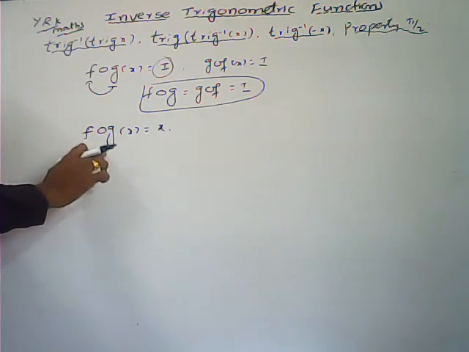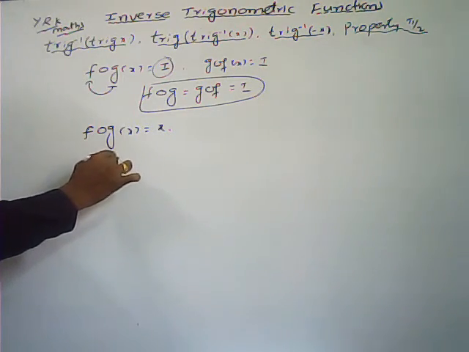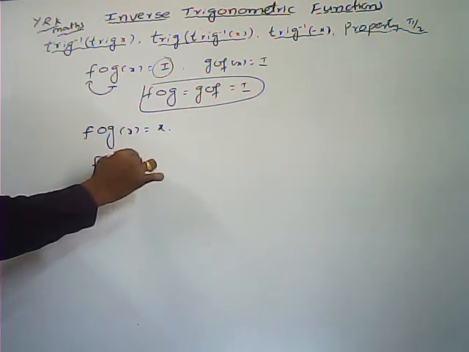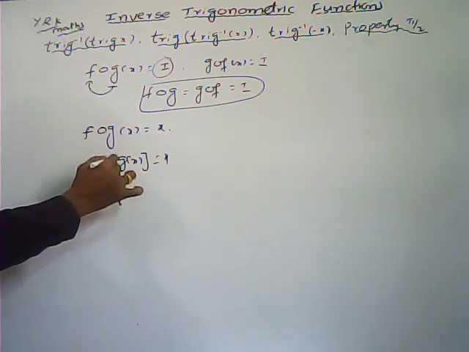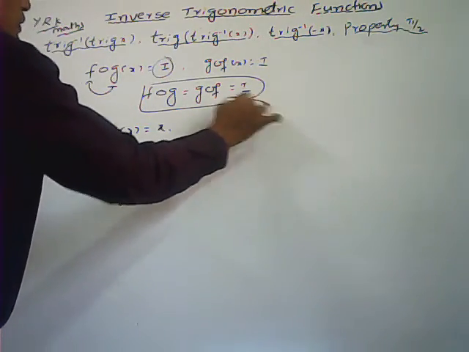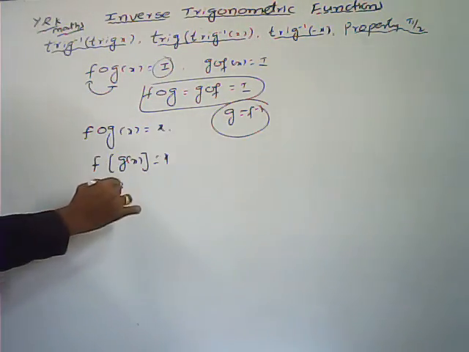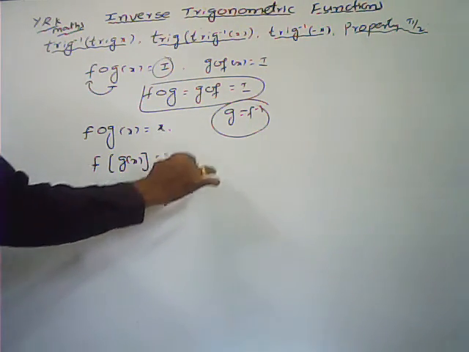Here g is the inverse of f, so I can write f of g of x equals x. In the place of g I am writing f inverse, so f of f inverse of x is equal to x.